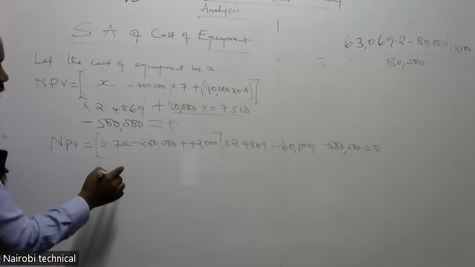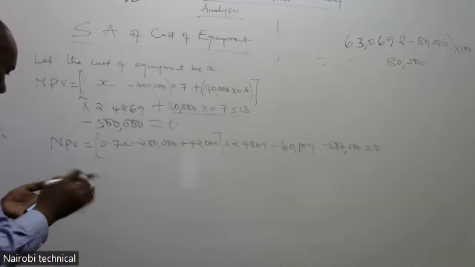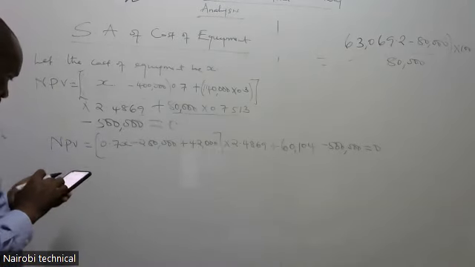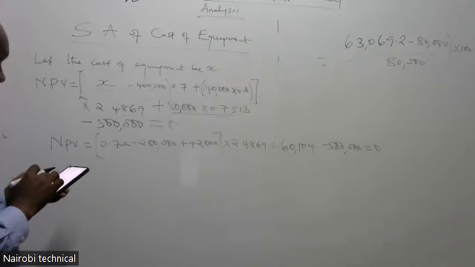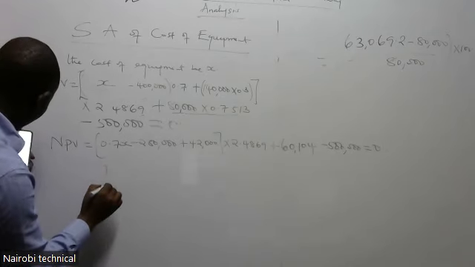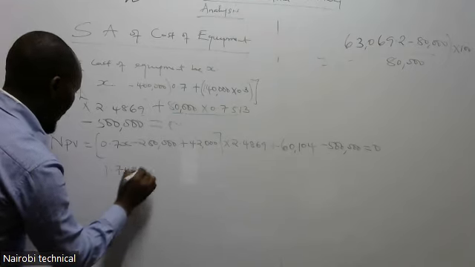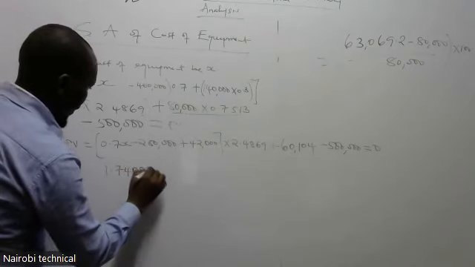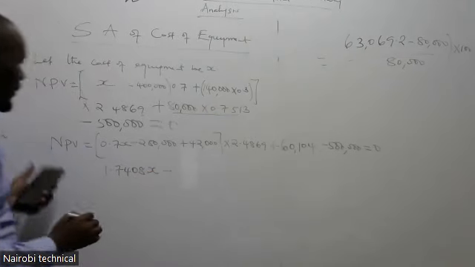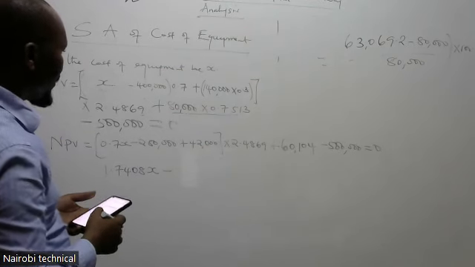Then now we have this one is going to be 0.7 times 2.4869 times 0.7. So this one is going to be 1.7408x minus this times this.